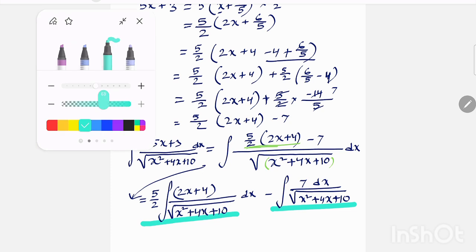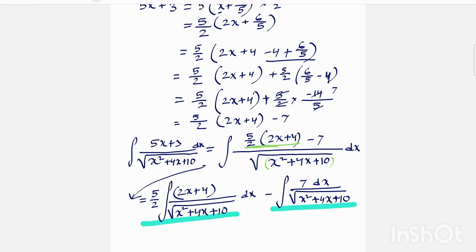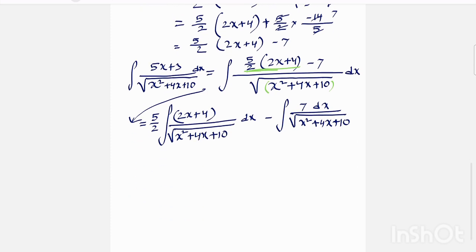So why we are getting it like this, we will understand. We can see here that in this expression, this is the derivative of this term, and we can write it easily like 5 by 2.